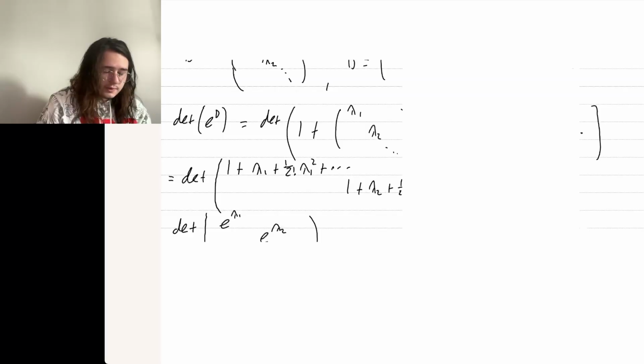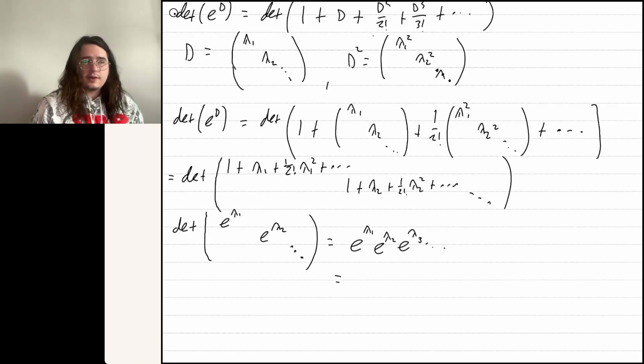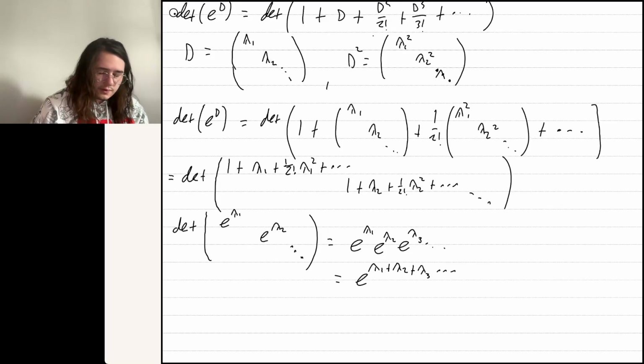And then that determinant turns out to be just, you multiply all the diagonal elements together: e to the lambda 1, e to the lambda 2, e to the lambda 3, dot dot dot, which means, because exponentials work the way that they do, you can write this as e to the lambda 1 plus lambda 2 plus lambda 3 on infinitum, which is actually just the trace of M, right?